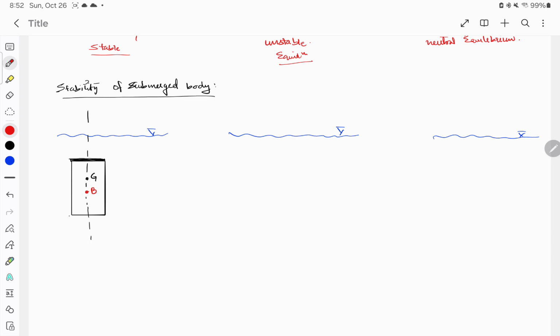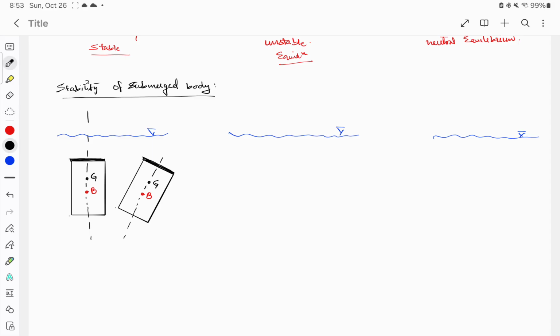If I try to rotate this body like this, you can see that since the body is submerged, the overall positions of center of gravity and buoyant center will not change.